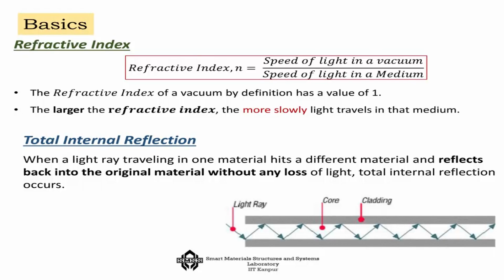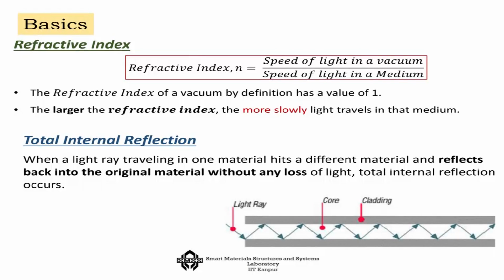So, essentially a larger refractive index means a denser medium, and a denser medium means the light is getting more resistance.